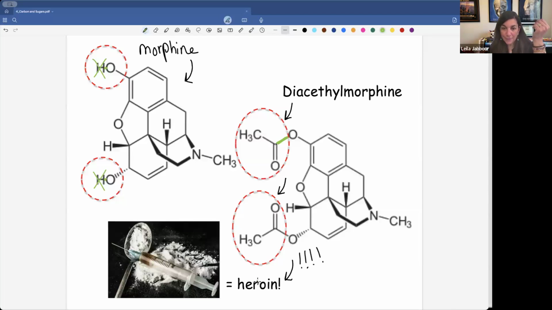So heroin was named Hero because it was so much more potent. Potent means stronger. So it was a better analgesic. Analgesic means it takes the pain away. It was a better analgesic. And at the time we were like, this is amazing.